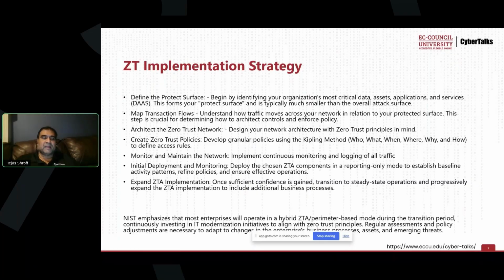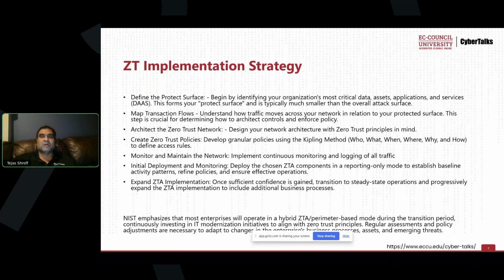So, Shilpa, if there are any questions, please put them here on this one, because this is important to understand the core components in terms of what needs to be done. Defining the protect surface, mapping how the traffic will move across your network, architect your network, create your policies, monitor and maintain the network, do the initial deployment and monitoring, and then you expand on your implementation.